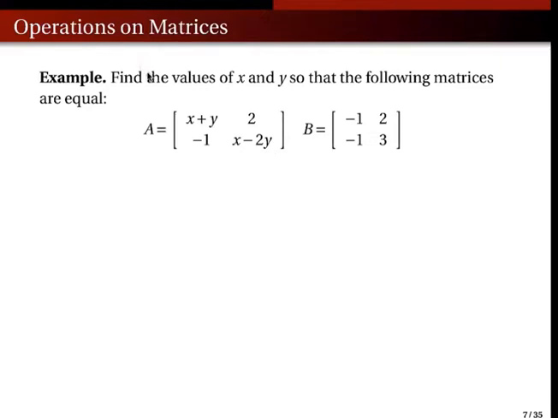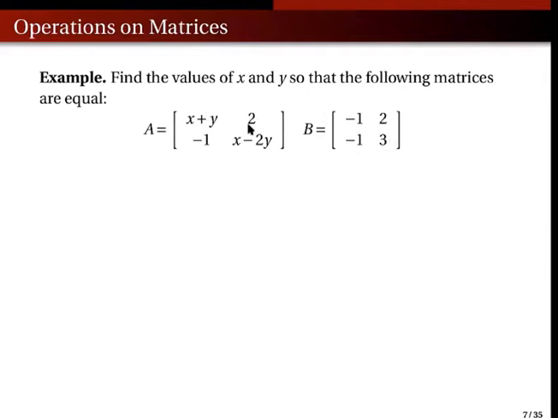Now, find the values of x and y so that the following matrices are equal. So for example, here you have x plus y, and then 2, then negative 1, and then x minus 2y. And then here you have B: negative 1, 2, negative 1, 3.